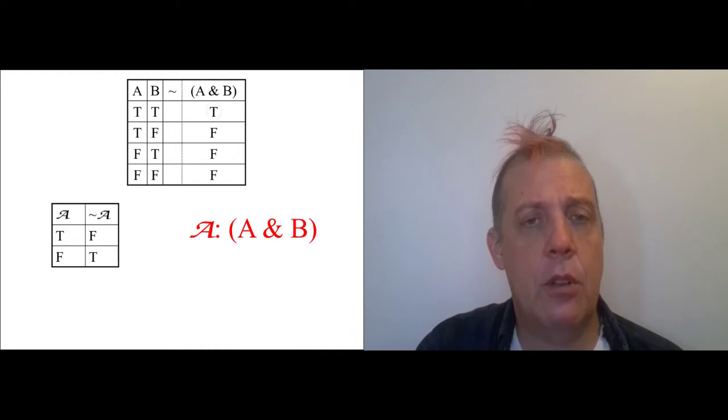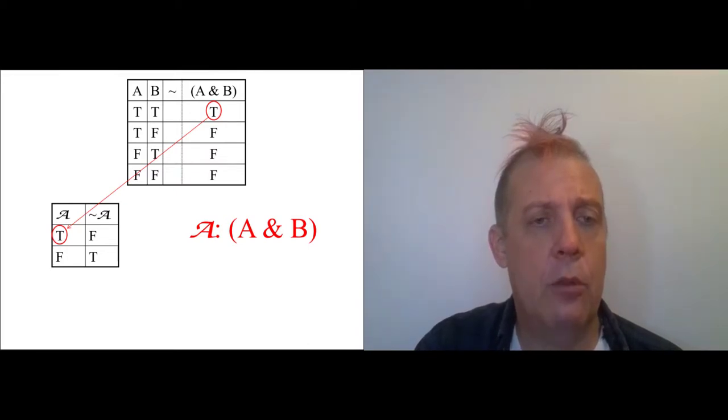So we just imagine, we start here. On the top line, that's true. So we put that into the table over there. We say script A is true. If that's the case, then not script A is false. So we put that false there.